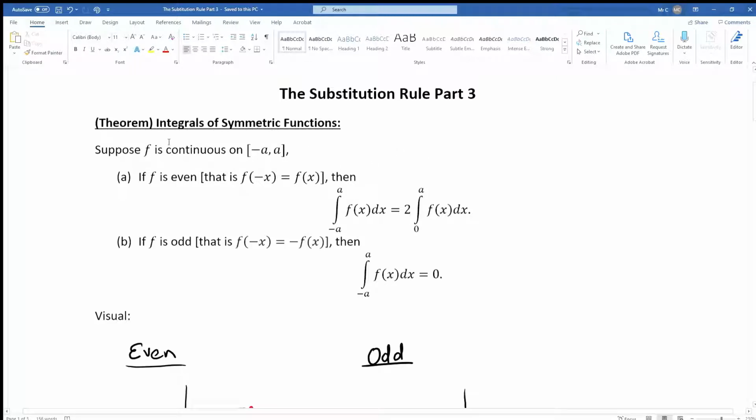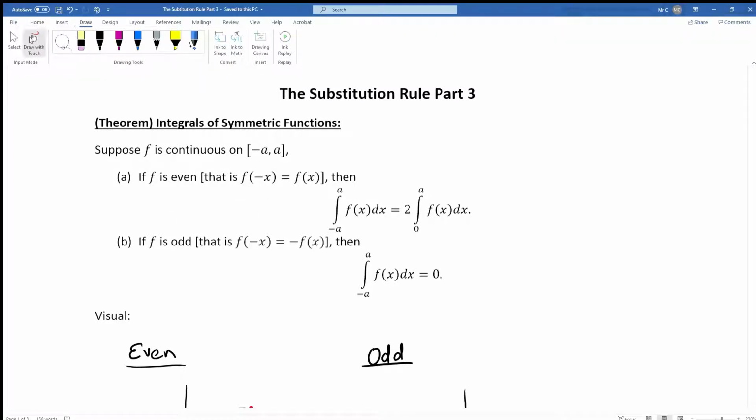So suppose f is continuous on the interval from -a to a, including the endpoints. If f is even, that is, f of -x is equal to f of x, then the integral from -a to a of f of x dx is equal to 2 times the integral from 0 to a of f of x dx.